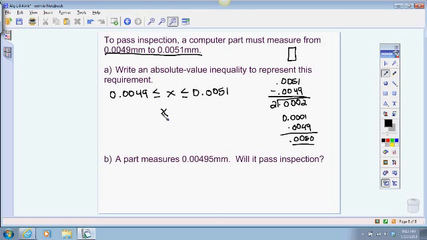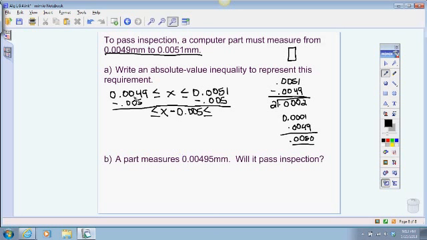So we go x minus 0.005. And again, if you want to write 50 ten-thousandths, that's fine. But whatever you do to one side of your inequality, you have to do all over. So I'm going to subtract 0.005 here, and on this side too.